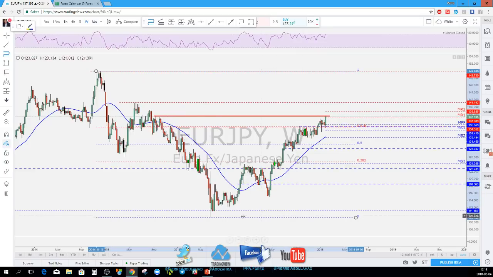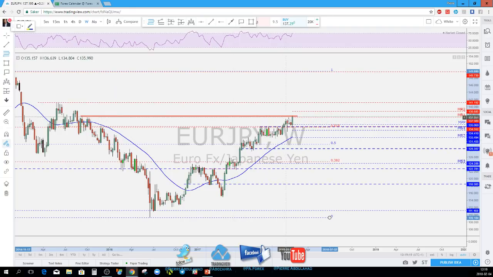And as you see here, we had trouble at the 38.2, broke it. We had some trouble at the 50, that got broken as well, and we had some trouble at the 61.8, as you see here, and that is now broken. So I still think that this market may reach this high as a market objective now that we broke previous highs.